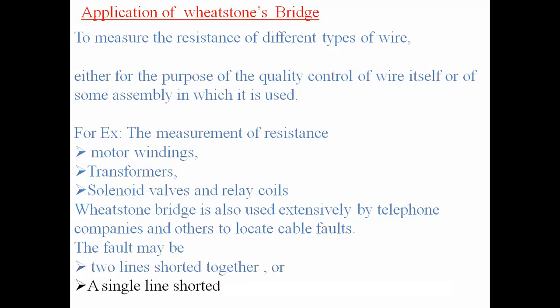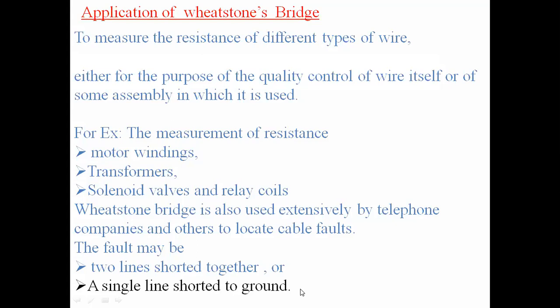Wheatstone bridge. And another one is the single line short circuit, that is, a single line which is grounded. A single line which is shorted to ground or connected to ground. Then the applied voltage all goes to ground, so your current bill increases.